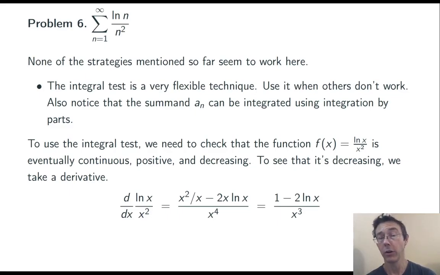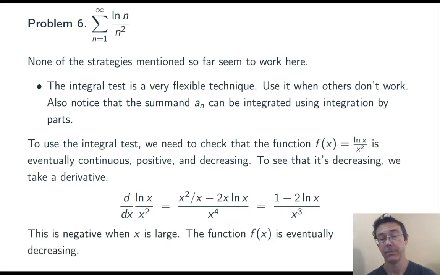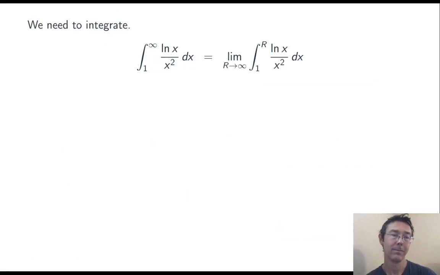When x gets large, of course the denominator is positive. Ln x is going to be pretty large, and so 1 minus 2 ln x is going to be negative. So the function f of x is going to have a negative derivative eventually, and therefore be decreasing. The integral test is going to work here.